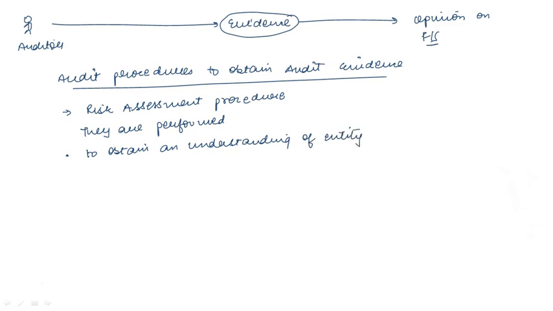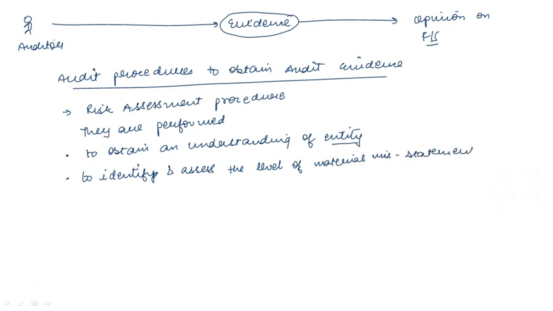So that you can understand the entity, its environment, the client's company properly, and the various kinds of internal controls over there. The next is to identify and assess the level of material misstatement.